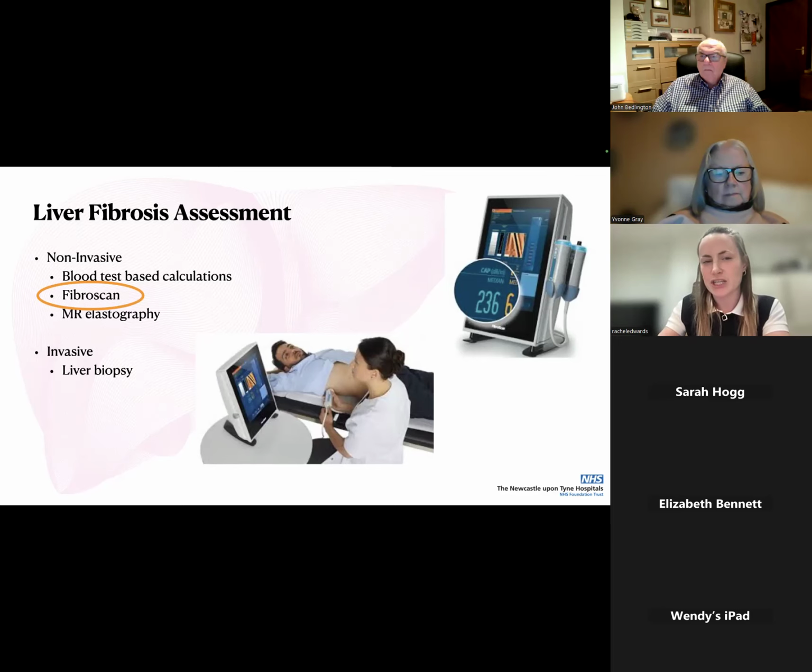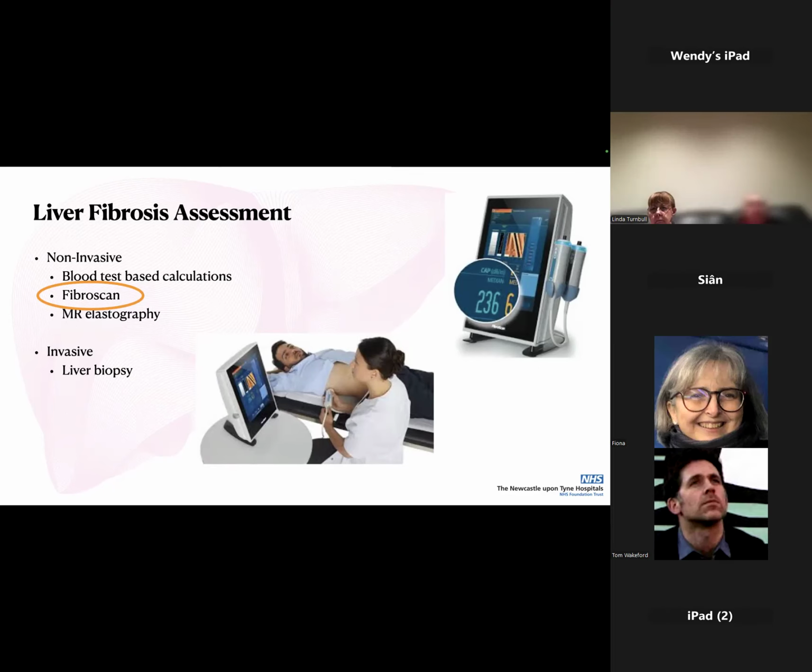And internationally, it's recognised that a Fibroscan liver stiffness measurement of about 8 or less excludes clinically significant fibrosis. So 8 or less, no concerns, and greater than 8, there are different parameters about how you might manage or survey those patients, and I'll come to those in my methods. And the images, as you see here, are those of a Fibroscan and what's involved.